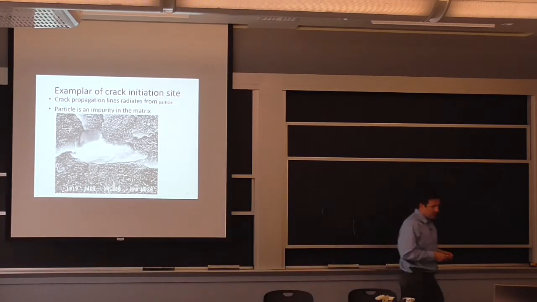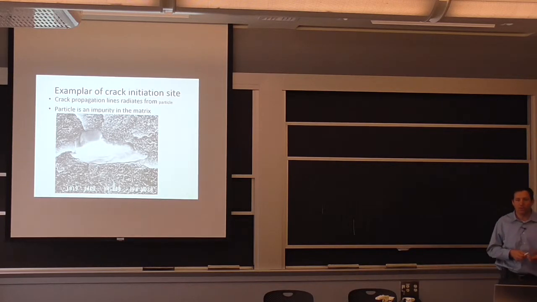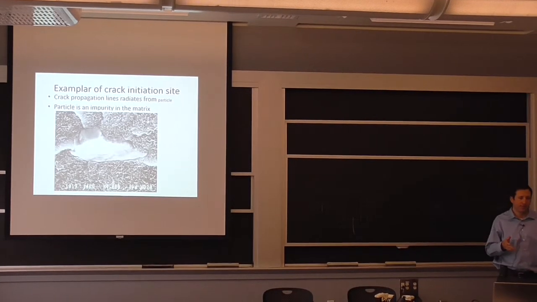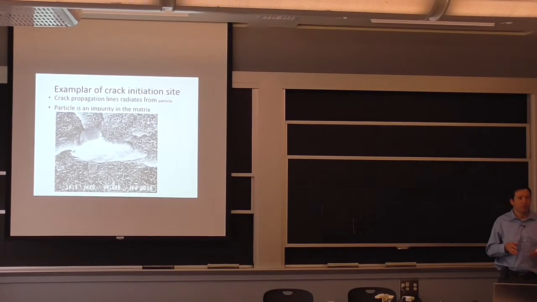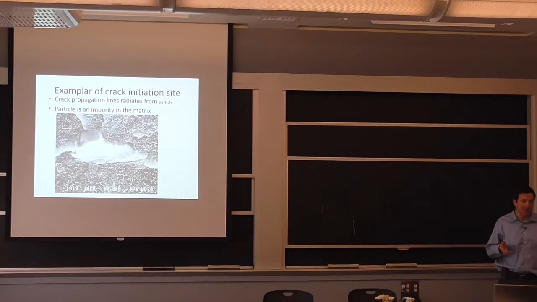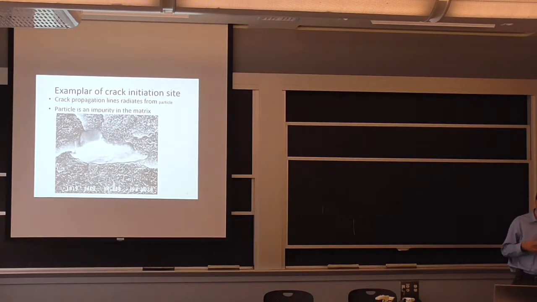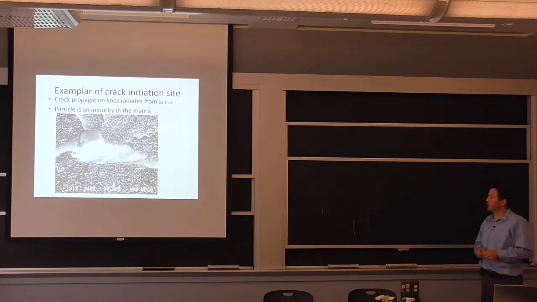If you reinforce it with small particles, sometimes the cheapest plastic you can buy for toys will have a little bit of sand in it because it gives you a little bit more stiffness and it's extremely cheap. So you're essentially making a composite by adding particles, so you expense less polymer to make the part. But in terms of cracking resistance, all these particles become sites where the crack can start.